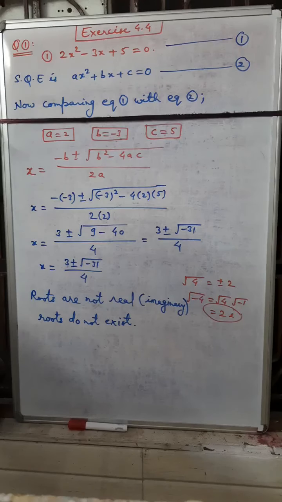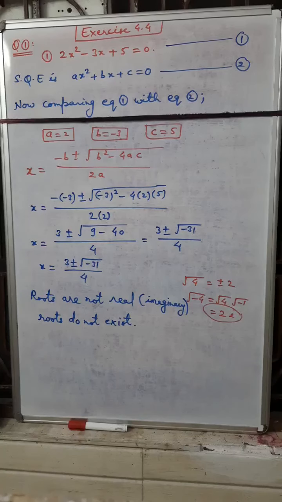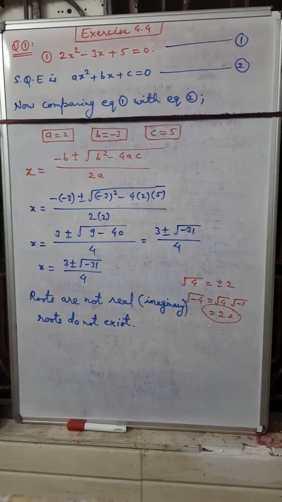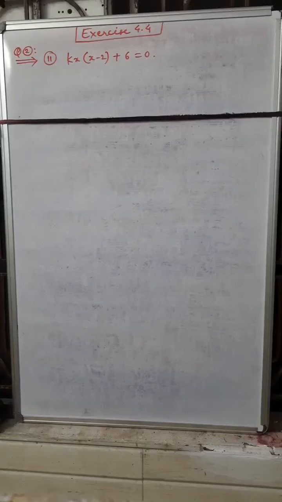If you can find the value of root minus 31, then definitely you will get the Nobel Prize. Okay, so in such a kind of situation, you can write roots are not real or roots do not exist.